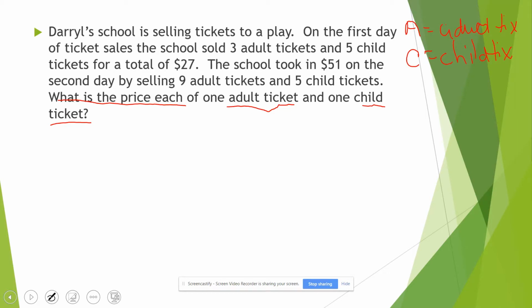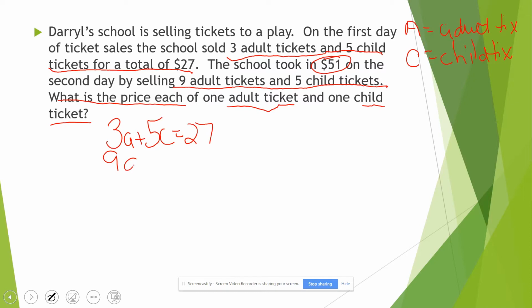On the first day, so this is going to be my first equation, we have 3 adult tickets and 5 child tickets for a total of $27. So 3A and 5C is equal to 27. The second day has 9 adult and 5 child tickets for $51. So 9A and 5C is 51.